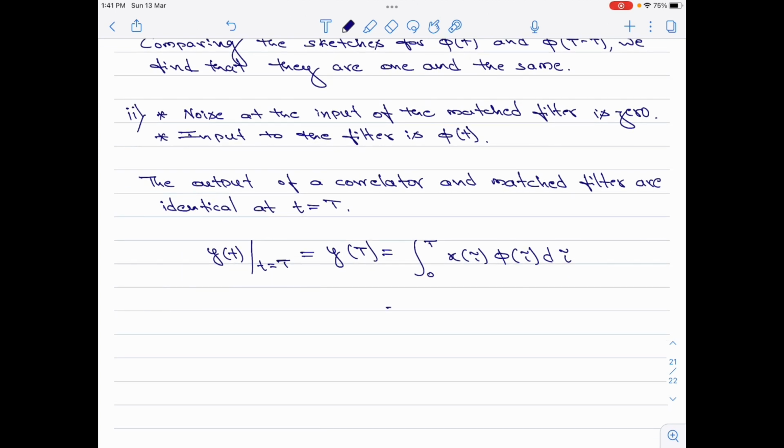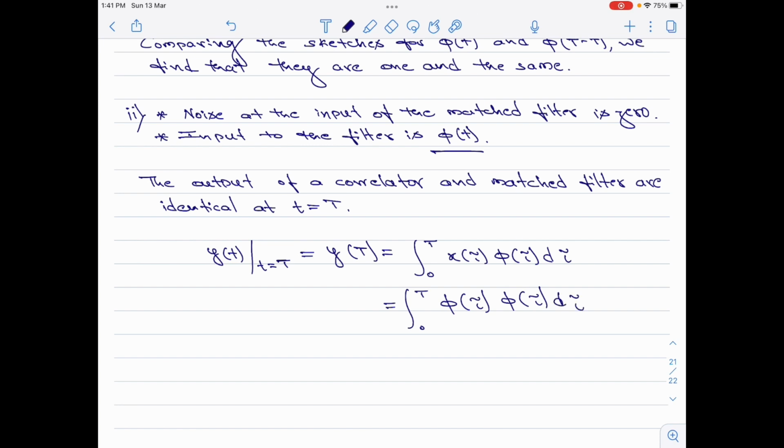Right. So this reduces to integral 0 to capital T x of tau, which is the input to the filter, is nothing but phi of t. So I can write this as phi of tau into phi of tau itself into d tau.